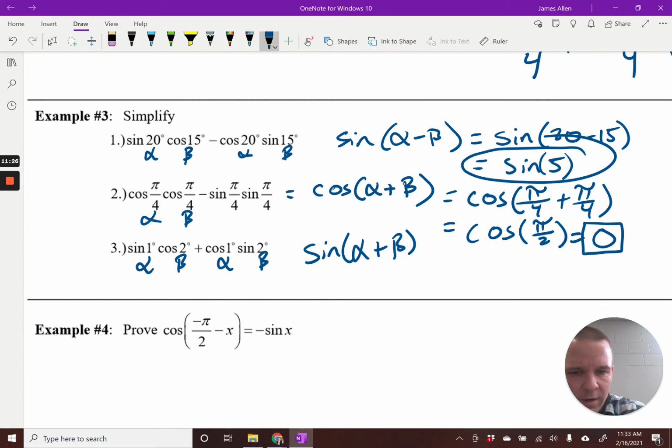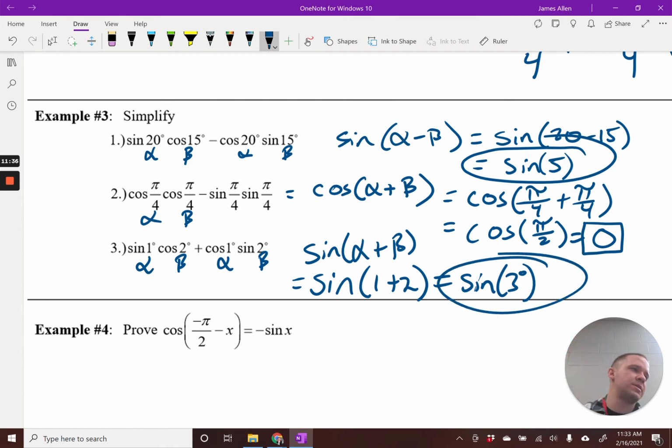It's getting a little crowded over there. I'll write it down here now. So I'd have sine of 1 plus 2, sine of 3 degrees. I'll even put a little degree marking up on top there so we don't think it's radians because it's not marked.